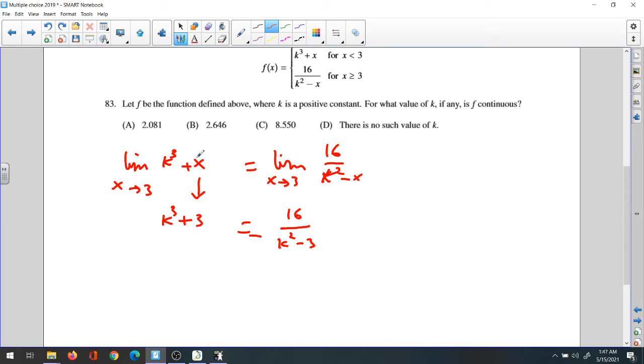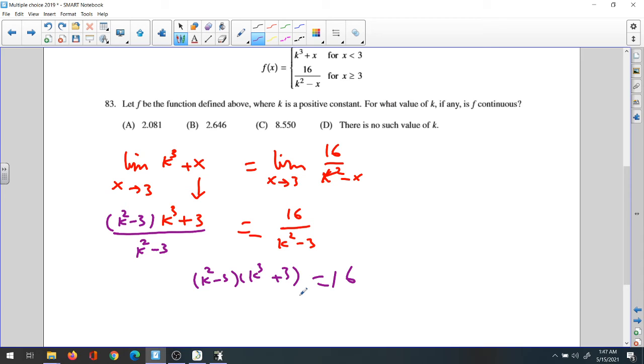We multiply the top and the bottom by k squared minus 3, and here is k squared minus 3, to have equal denominators, then the numerators are equal. So k squared minus 3 times k to the third plus 3 equals 16.